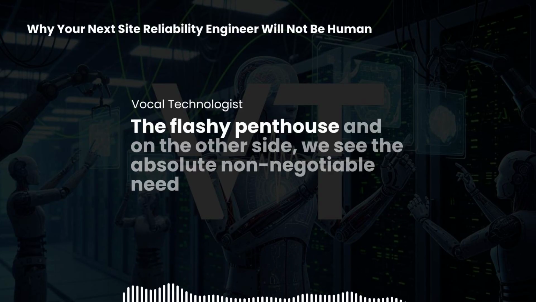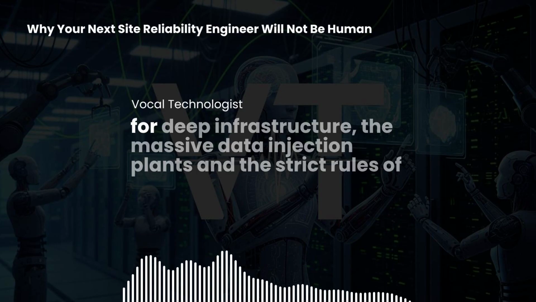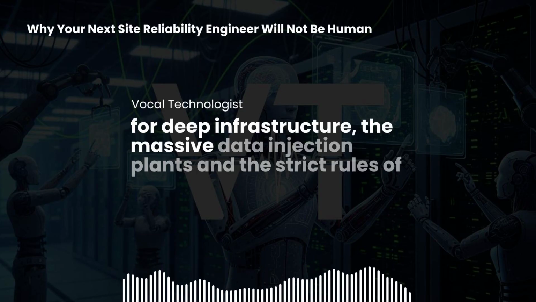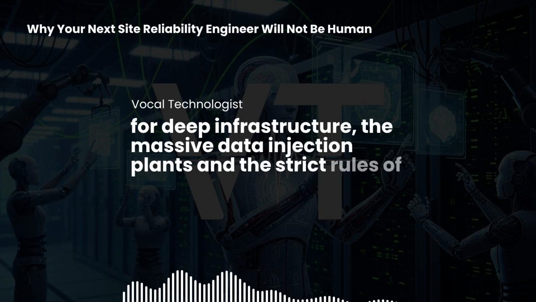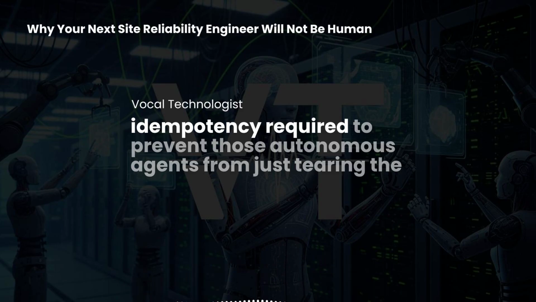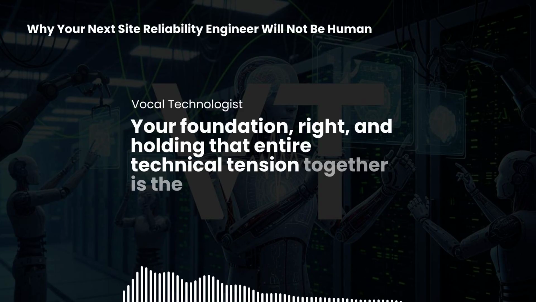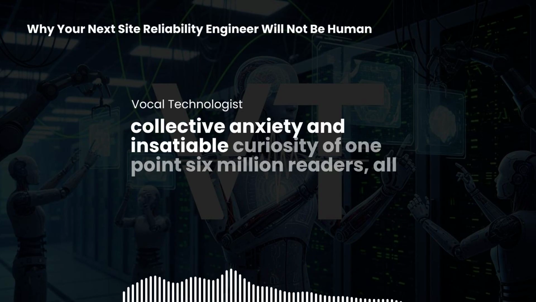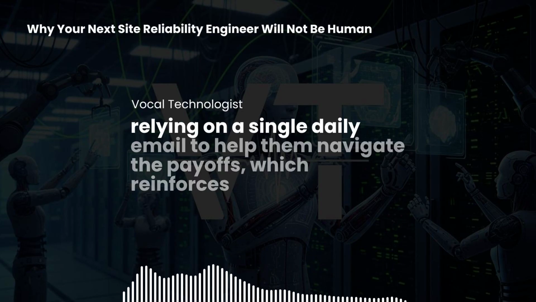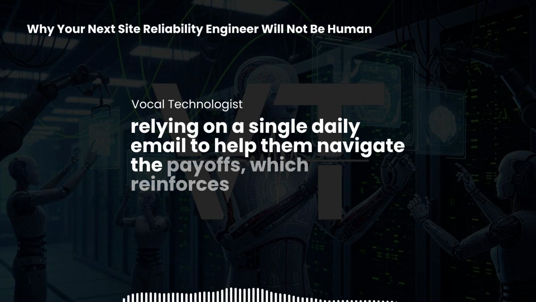The flashy penthouse. And on the other side, we see the absolute non-negotiable need for deep infrastructure, the massive data ingestion plans, and the strict rules of idempotency required to prevent those autonomous agents from just tearing the system apart. Your foundation. Right, and holding that entire technical tension together is the collective anxiety and insatiable curiosity of 1.6 million readers, all relying on a single daily email to help them navigate the chaos.